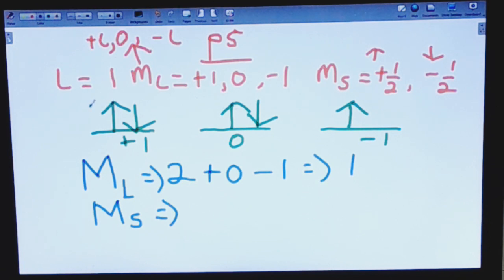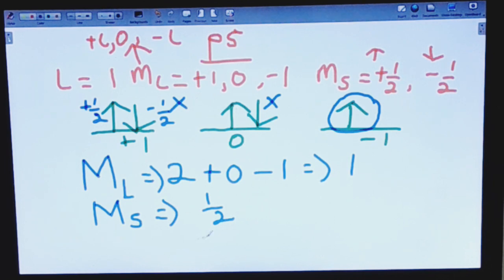This electron spins upwards, so the spin quantum number is +1/2. This spins downwards, so the spin quantum number is -1/2. +1/2 minus 1/2 is 0, so this will give us 0. This will also give us 0. So we can only consider this. It is spinning upwards, so the spin quantum number is +1/2.